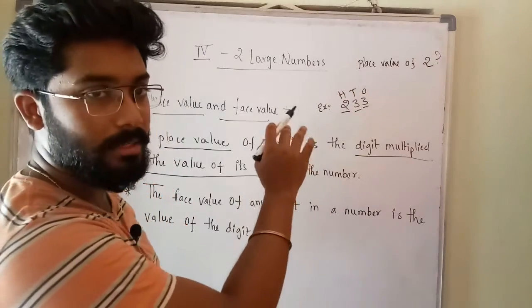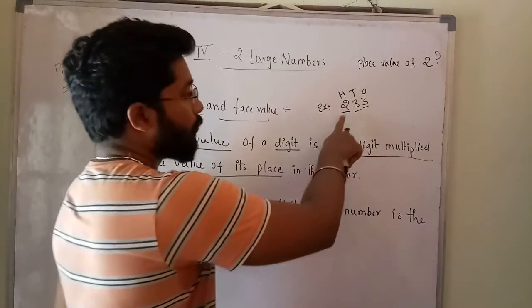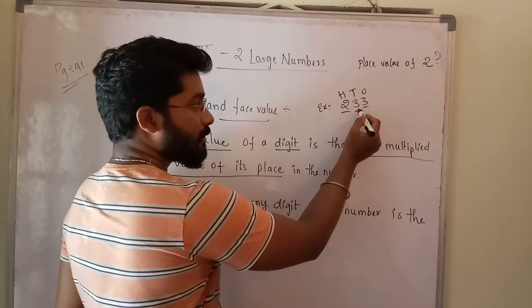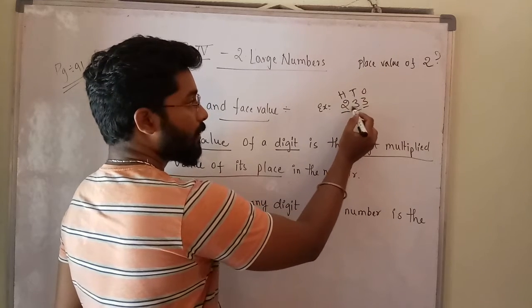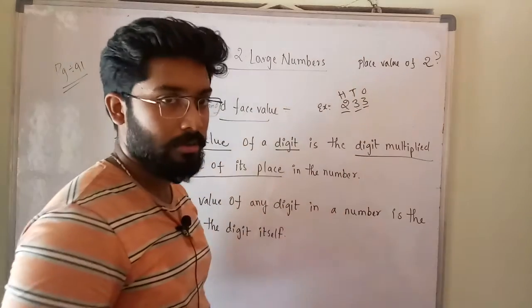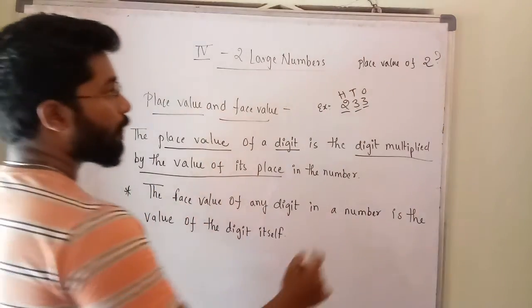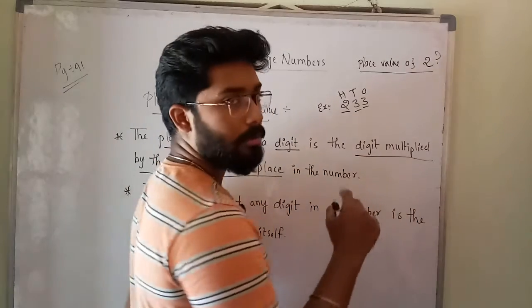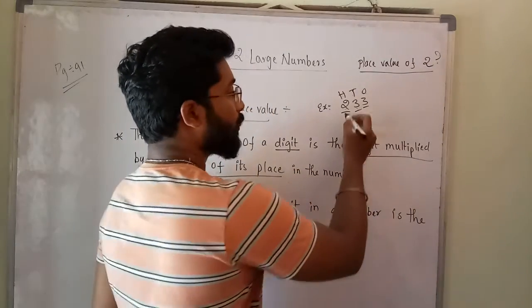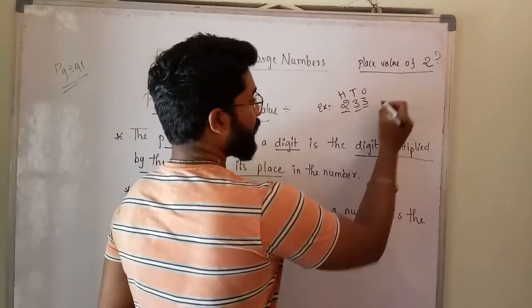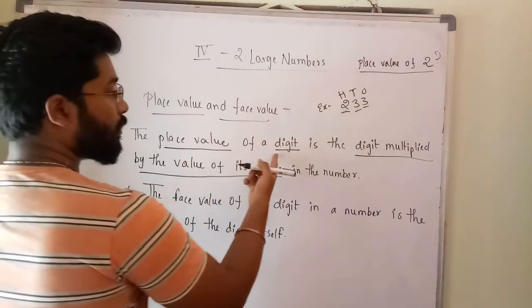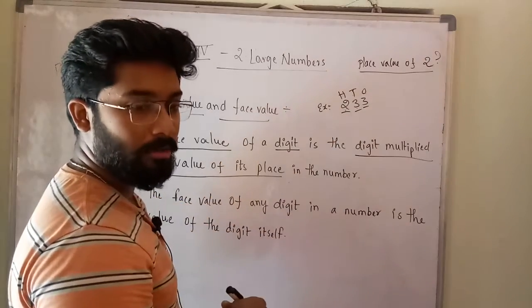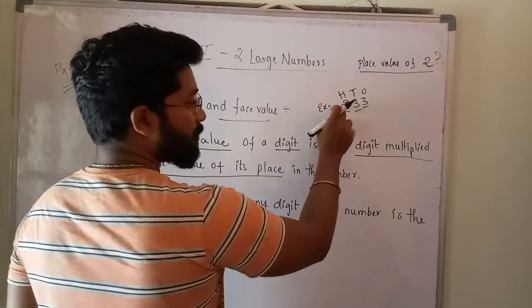This 3 is in the ones place, this 3 is in the tens place, this 2 is in the hundreds place. If I want the place value of 2, the digit here is 2.